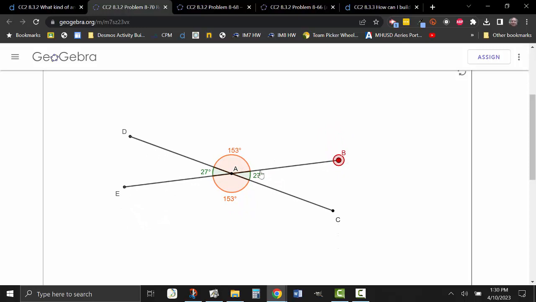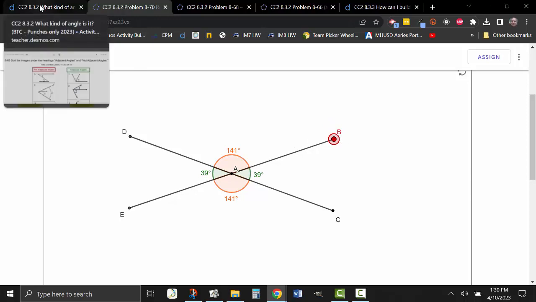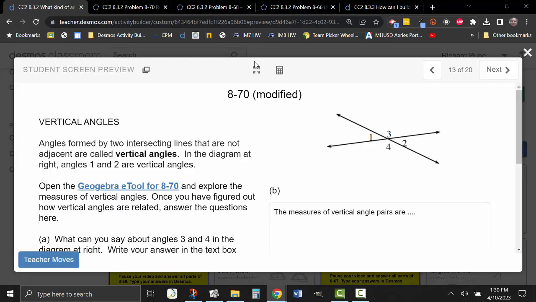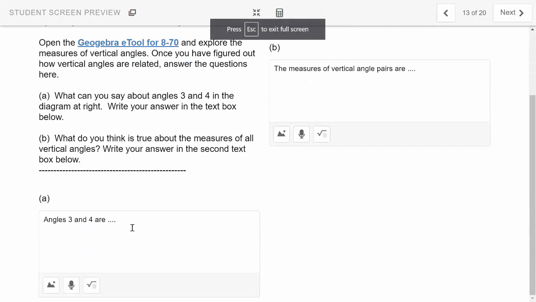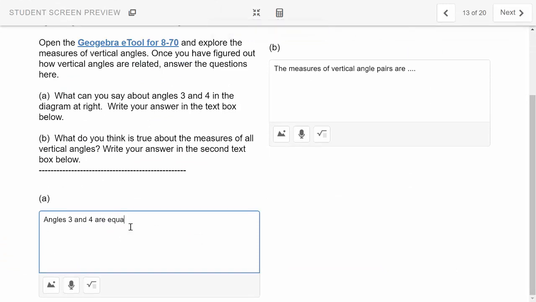What do you notice about the vertical angles, this one and that one, or the top orange ones? What are you noticing about the vertical angles? No matter what I do, as long as I'm looking at vertical angles, they are always equal. So we're going to go back over here, and we're going to say in part A, angles 3 and 4 are equal.